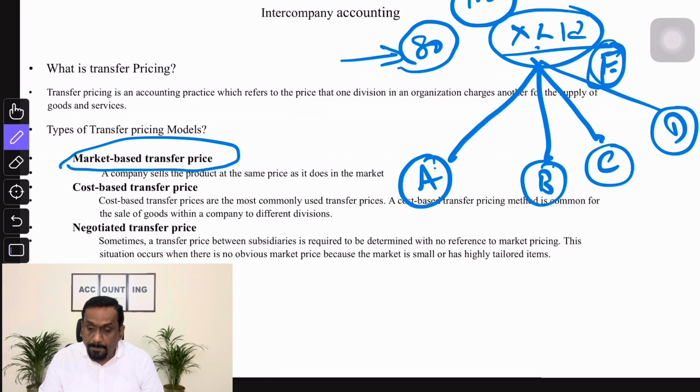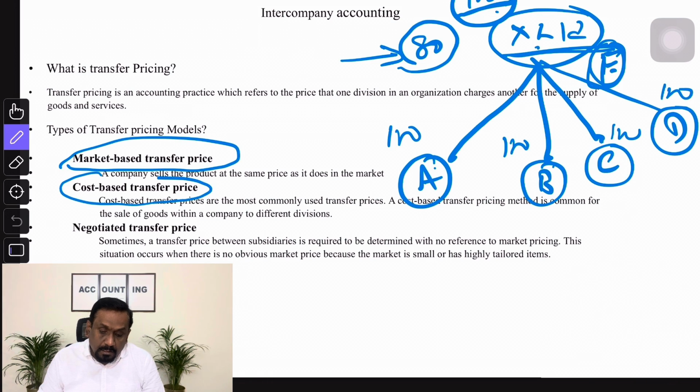That means the market price is 100 rupees. So X can send that product to A for 100 rupees, B for 100 rupees, C for 100 rupees, and D for 100 rupees. That is called market-based transfer price. That means whatever price is available in the market, X is selling at the same price to their respective subsidiaries.